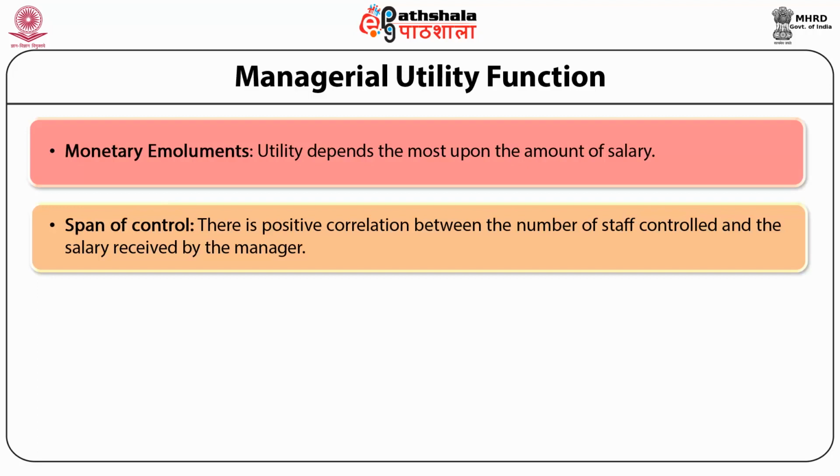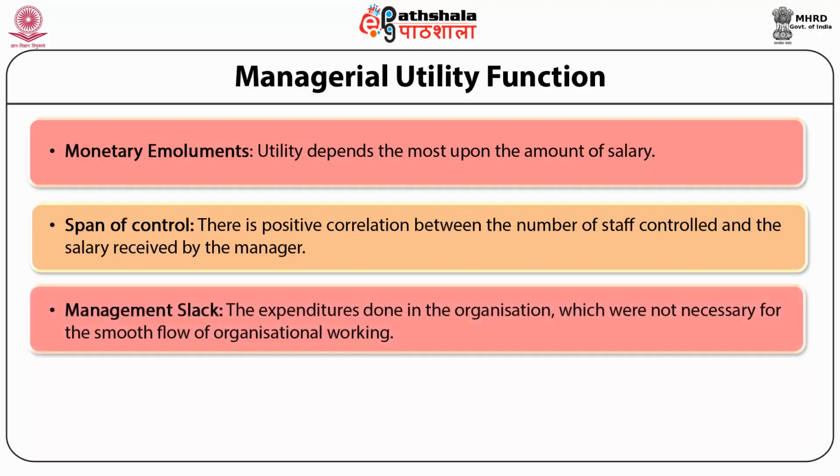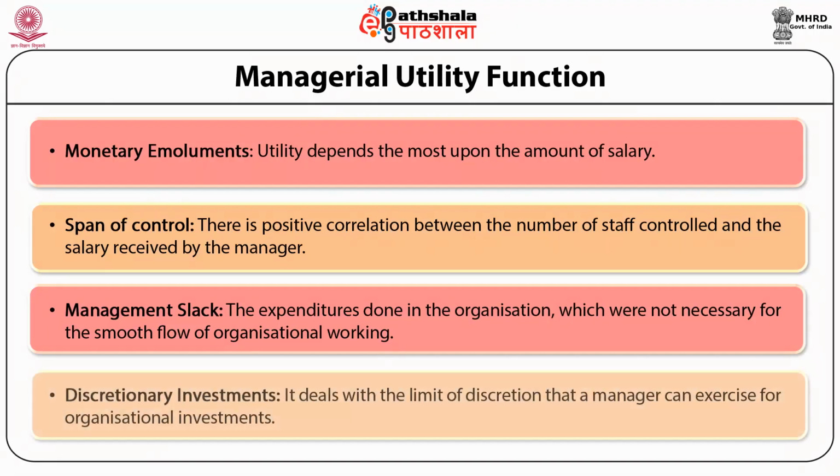The next factor is management slack: the expenditure done in the organization which was not necessary for the smooth flow of organizational working. Discretionary investment: it deals with the limit of discretion that a manager can exercise for organizational investments.